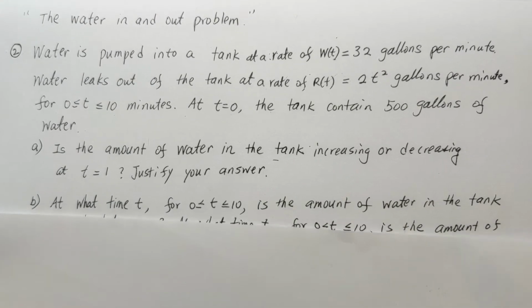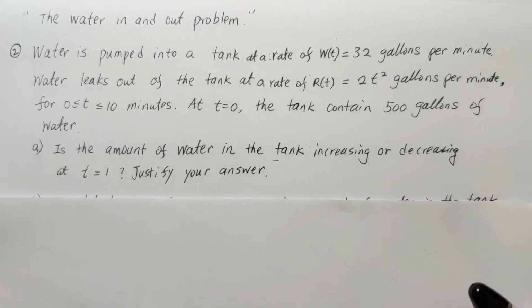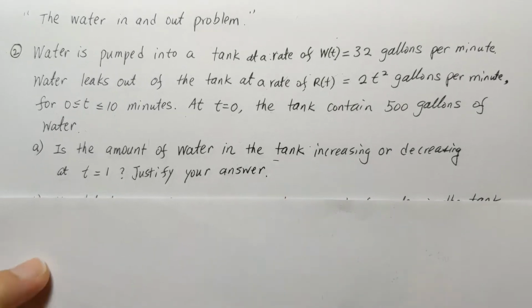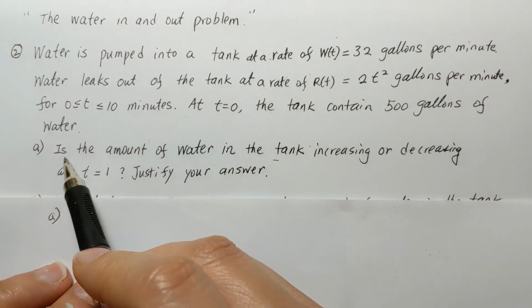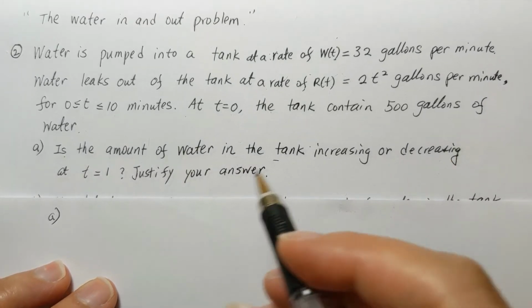So we know that the rate in is going to be W(t), the rate out will be R(t), and the initial amount is 500. Let's take a look at part A. Is the amount of water in the tank increasing or decreasing?